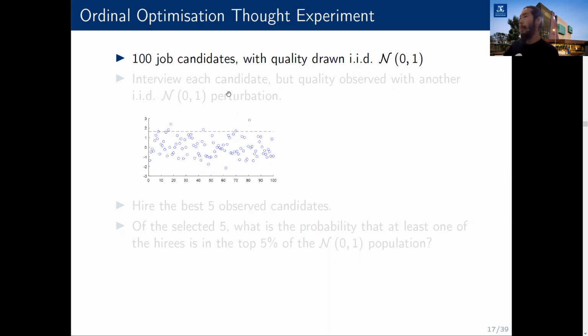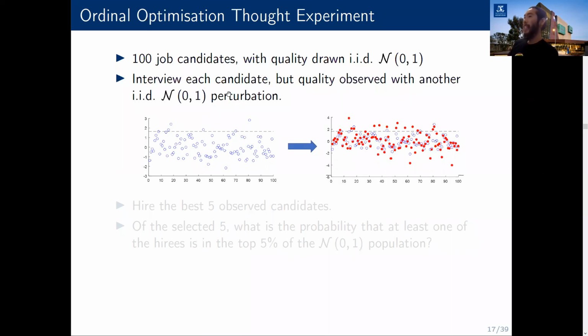We're the hiring manager here, so we're going to interview each candidate, but since interviewing is a noisy process, we're not going to observe their actual quality, but instead their quality perturbed with another standard Gaussian perturbation. The only thing we can do is to select the candidates for the position based on their observed quality. So let's say we hire the best 5 observed candidates.